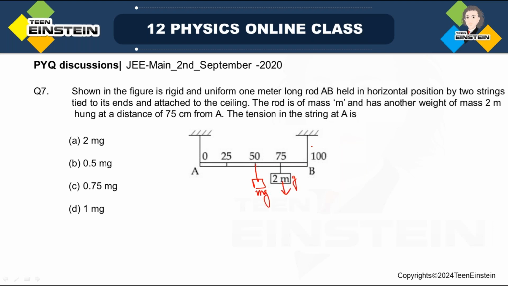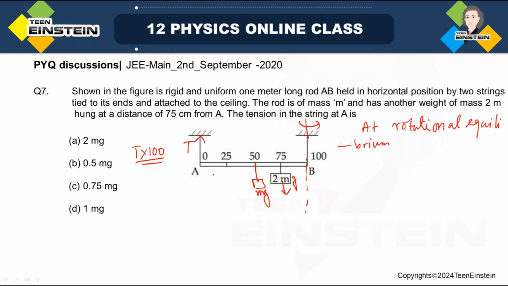I'm considering the rotation with the axis passing through B. At rotational equilibrium, if I take this as the rotation axis, then I have to calculate all the moments about this B. Suppose the tension acts in this direction on this string A. The torque for this tension about B will be T into 100.